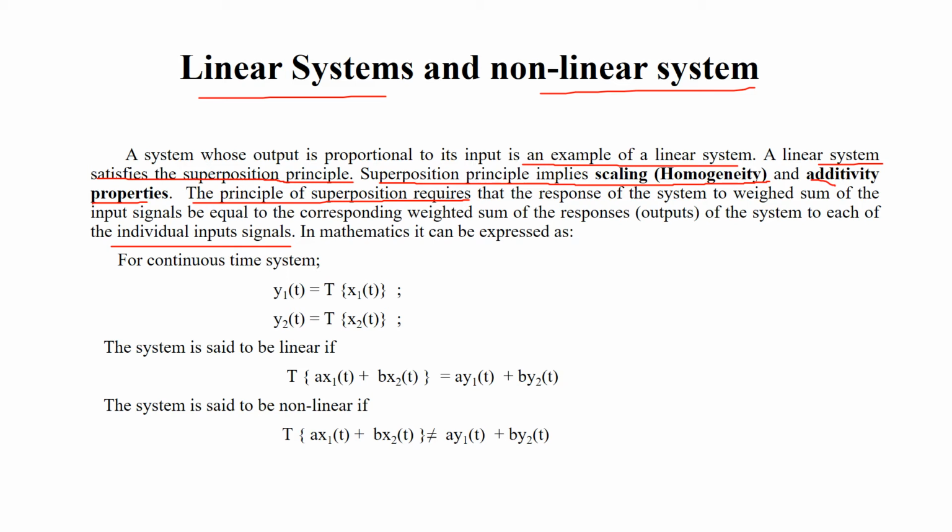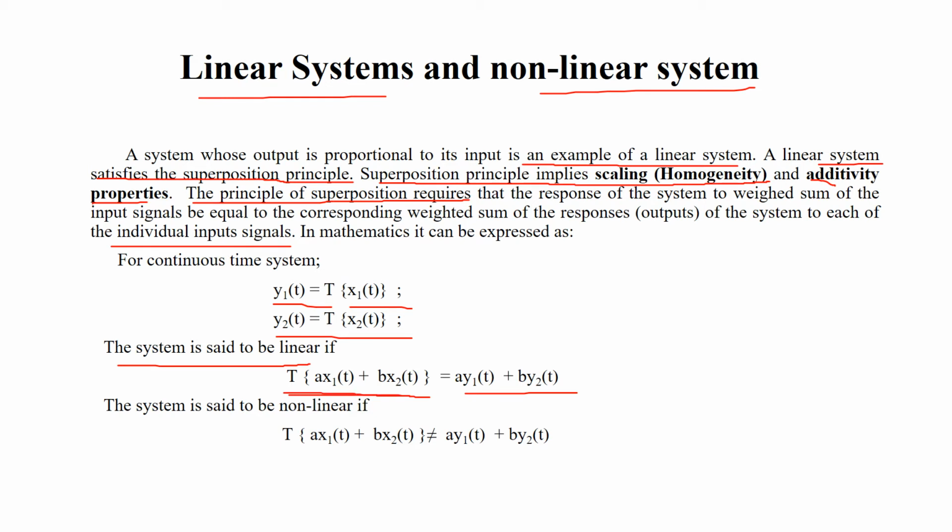Mathematically this can be expressed as follows. Let us take y1 of t equal to T of x1 of t, and y2 of t equal to T of x2 of t. The system is said to be linear if T of a x1 of t plus b x2 of t, that is the linear combination of two inputs, is equal to a y1 of t plus b y2 of t, that is the linear combination of the outputs.